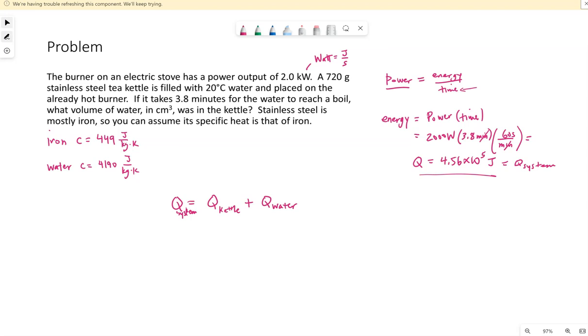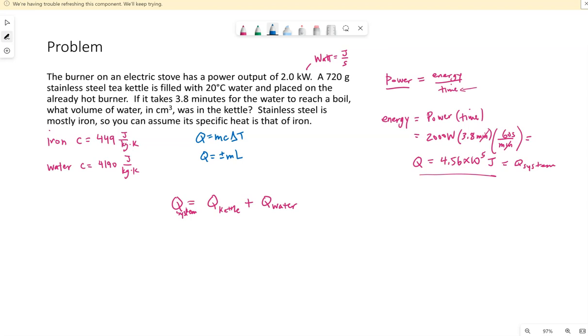We're trying to find out how much water we have, and specifically the volume. As we look at this, we need to determine which equation to use, or equations. It's possible to use both equations in a problem.